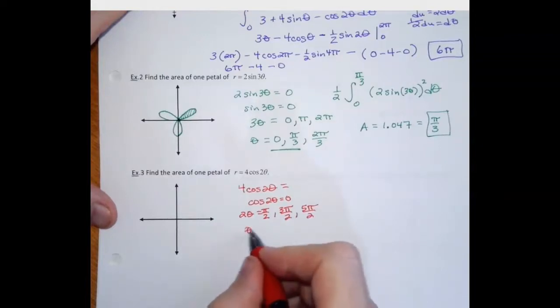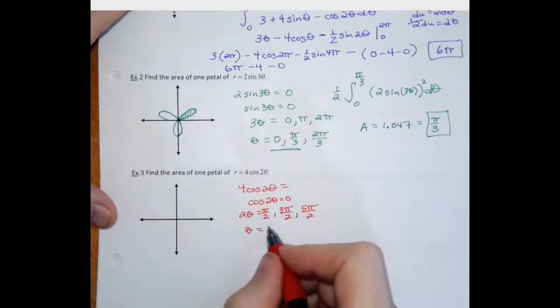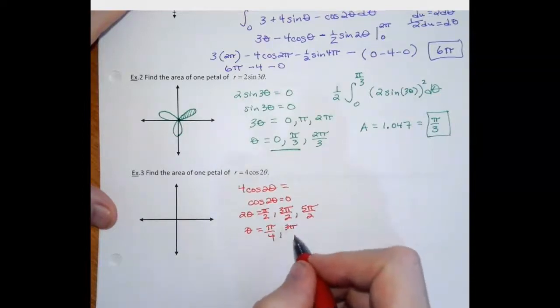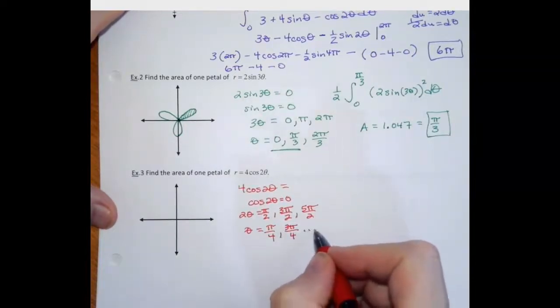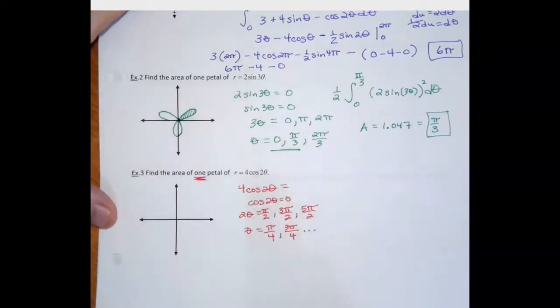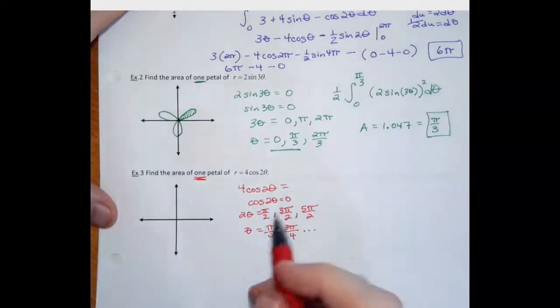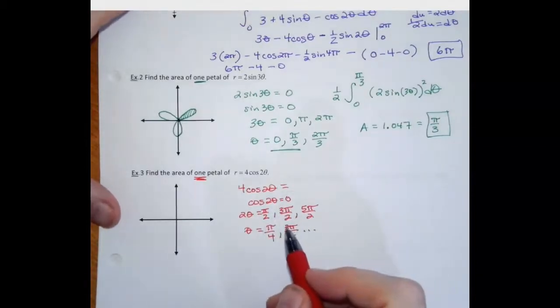Okay, so if we multiply both sides by 1/2, we're going to get pi over 4 and 3 pi over 4. But we're just doing one petal, just like up here. So I'm looking for those first two values.